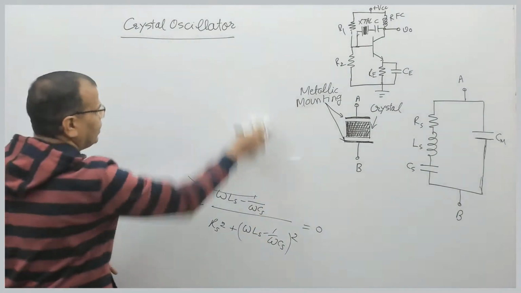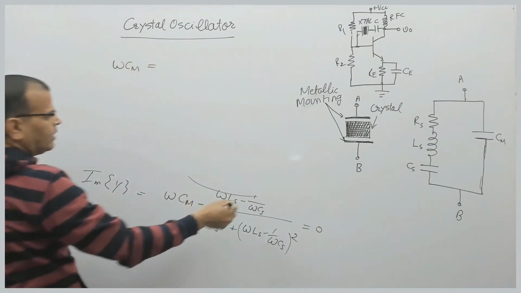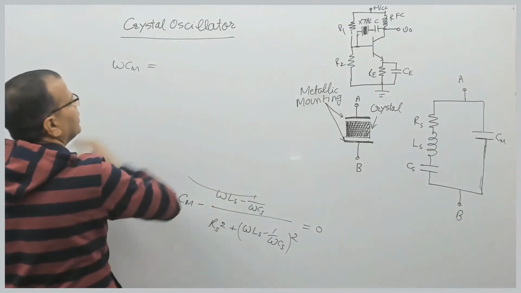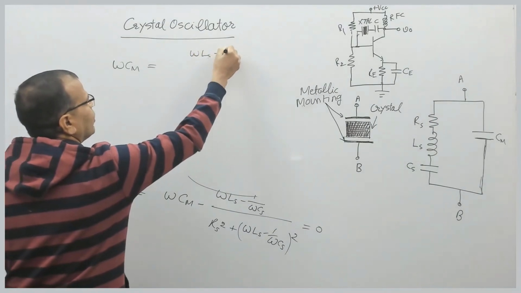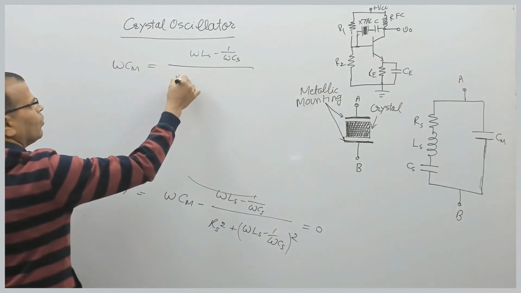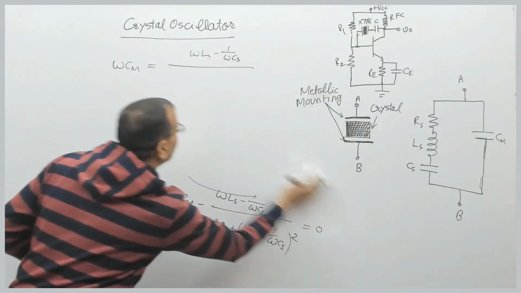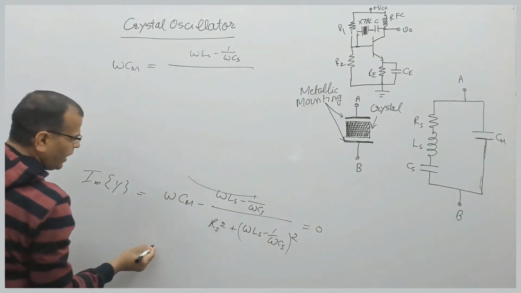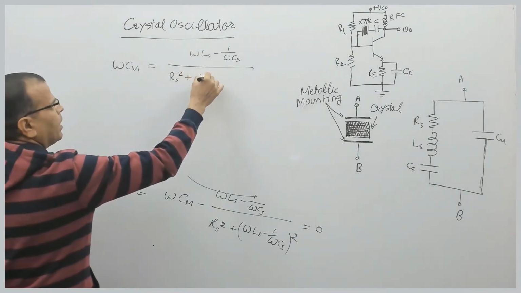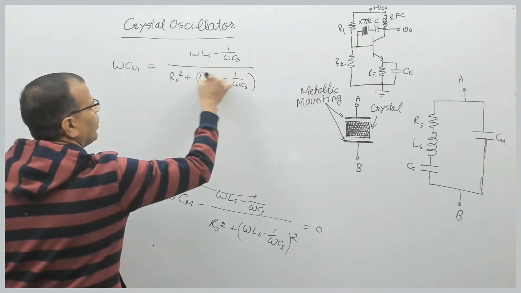So when you put this term equal to 0, what do you get? Omega Cm will be equal to what? That is omega Ls minus 1 by omega Cs whole divided by, in the denominator, Rs square plus omega Ls minus 1 by omega Cs whole square, right?